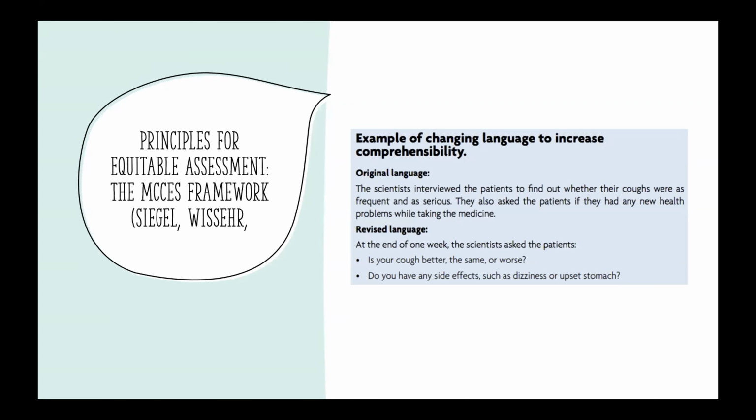And also the second one provides more details regarding what students are supposed to respond compared with the first assessment task. So this is one example of how we can modify the assessment task to make it easier for our English language learners to understand, but at the same time still keep the core content that we want to assess.